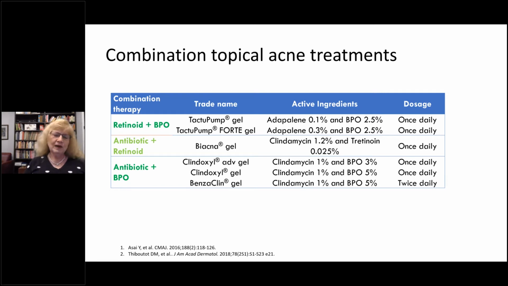It is felt that the retinoid allowed the clindamycin to penetrate much more readily, so therefore it was able to get rid of the C. acnes more effectively. But with long-term use, I would think that there might be a potential for antibiotic resistance. So I think the BPO versions are probably safer when you're trying to limit antibiotic resistance.